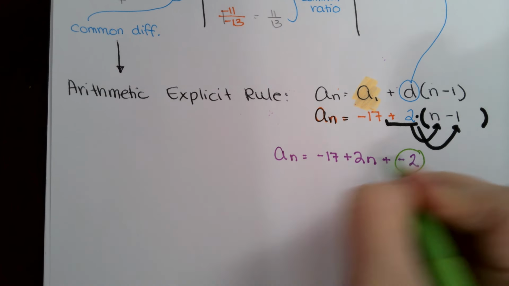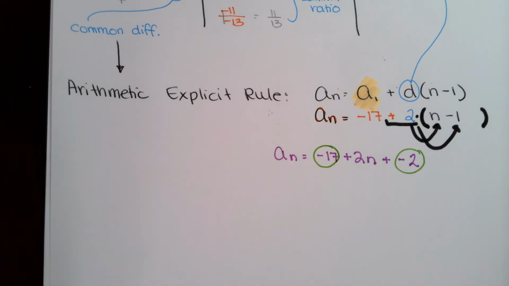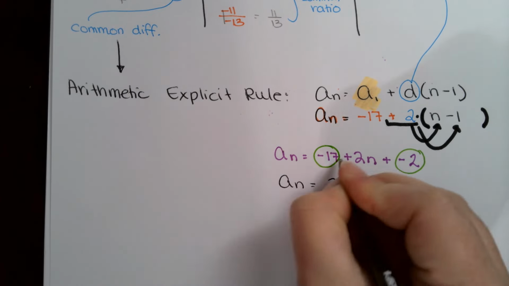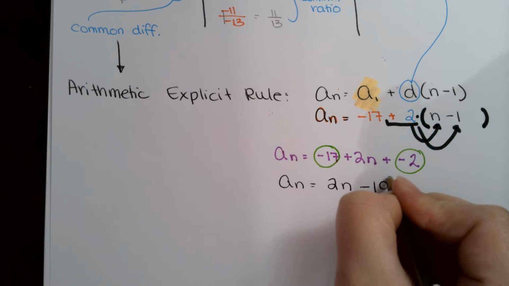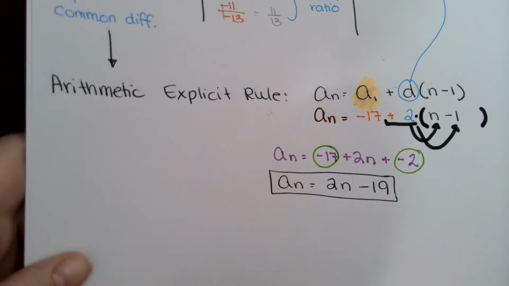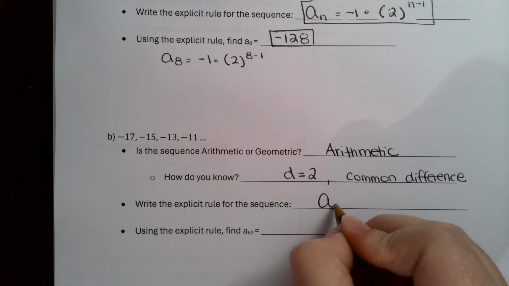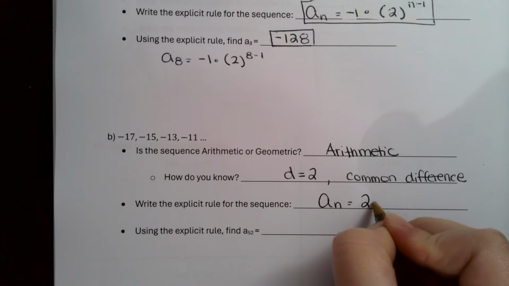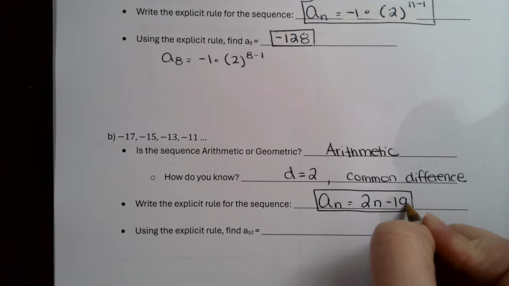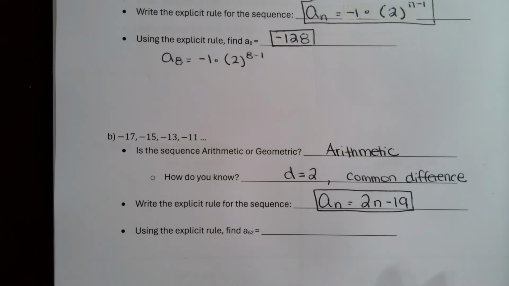You're going to always end up combining like terms to simplify for your final answer. a sub n is equal to 2n minus 17, 18, 19. And this is going to be your equation for your arithmetic sequence: a sub n is equal to 2n minus 19. You must always simplify and distribute with arithmetic.